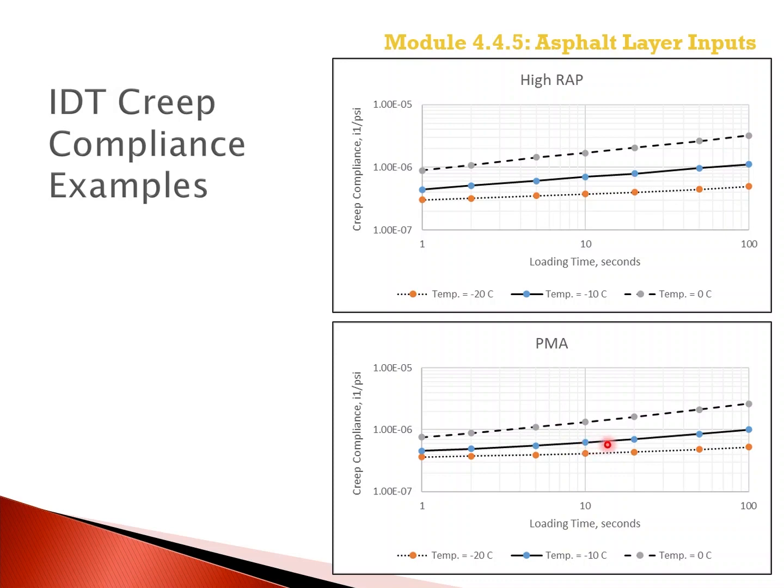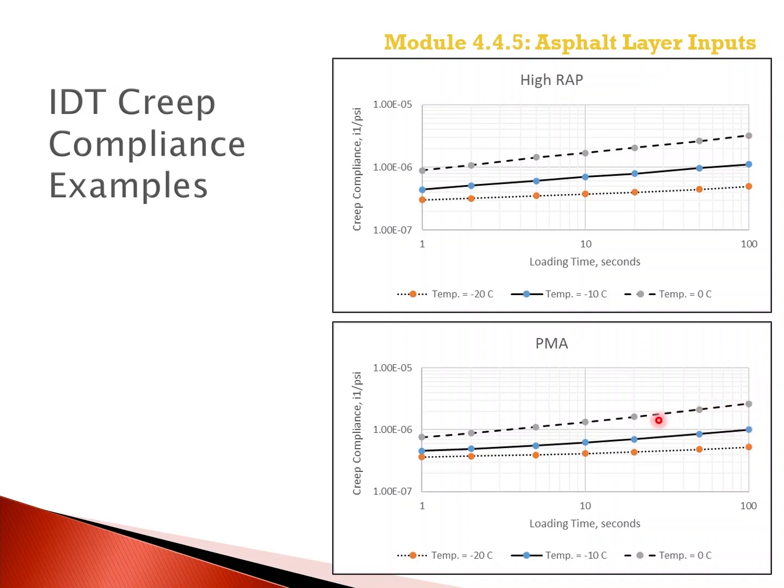As shown, creep compliance increases with longer loading times. Again, creep compliance as a function of loading time. So creep compliance increases with an increase in loading time and or higher test temperatures.